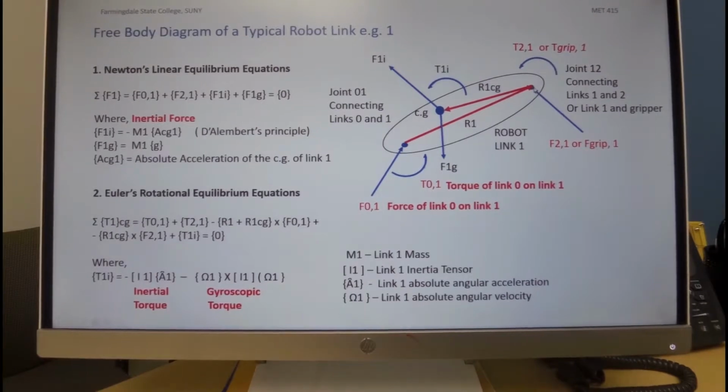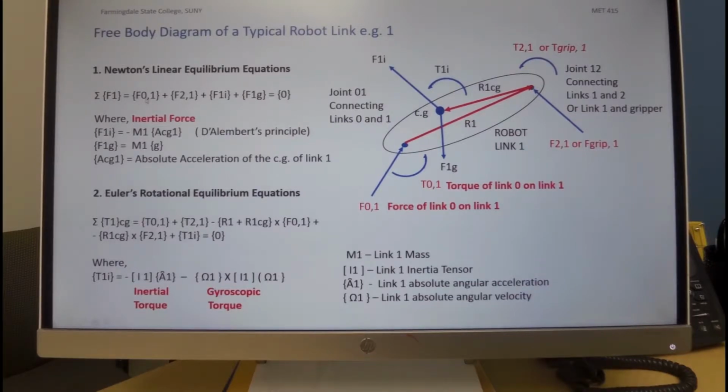This joint over here is either connecting to the tool center point or to a neighboring link, which is link 2. So the solution involves first setting up the dynamic equations, and we have two sets of equations for each link.